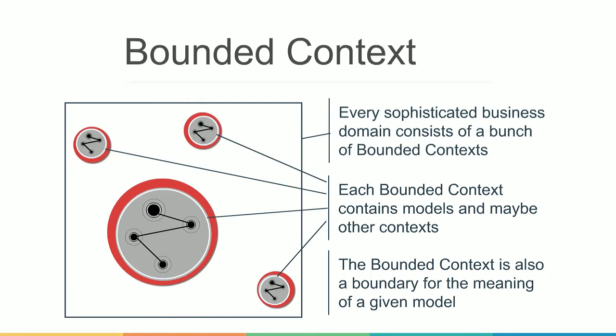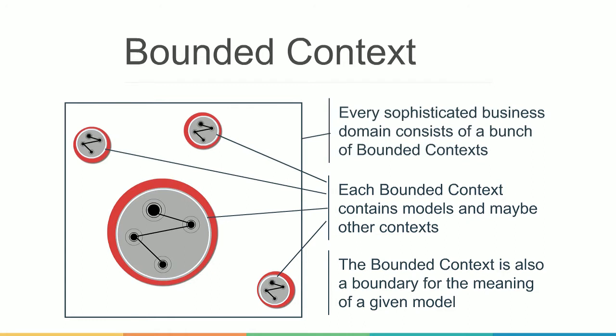Each of those bounded contexts contains a business model and could also contain other bounded contexts, whereas I personally wouldn't work a lot with nested bounded contexts, to be honest. I like to keep things clear and simple.